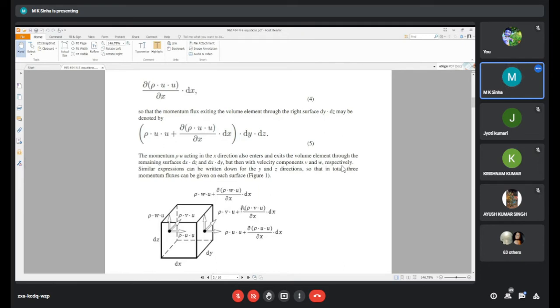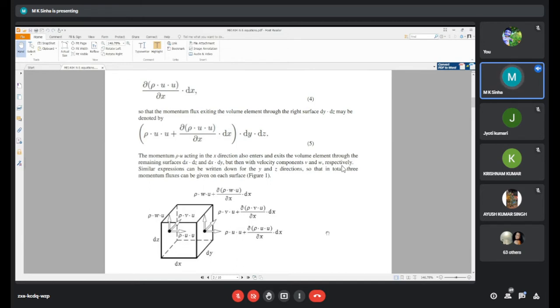See, due to the flow entering along the x-axis, the momentum is also affecting the y direction and z direction. So all components are written here along the x-axis. Rho u means mass into velocity.